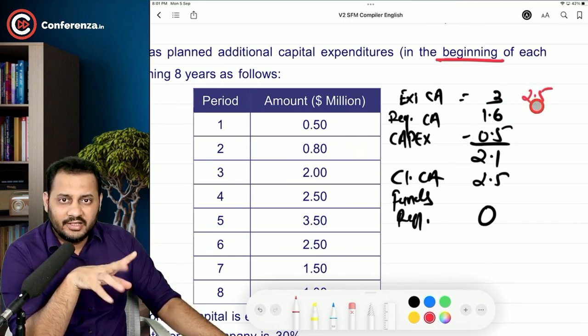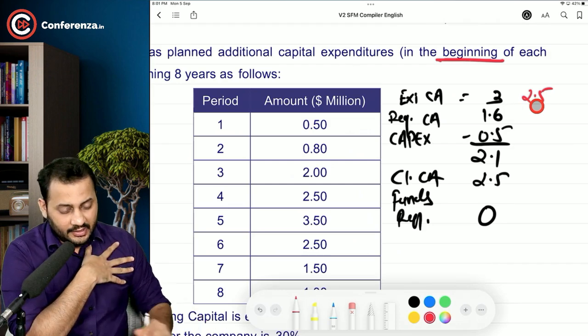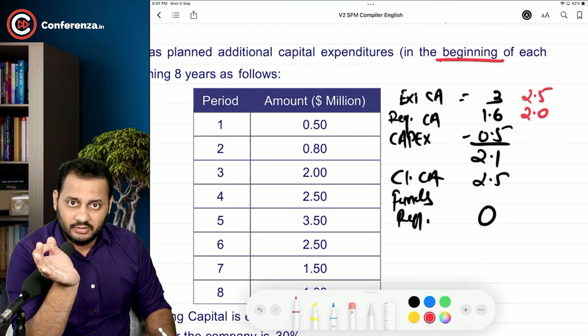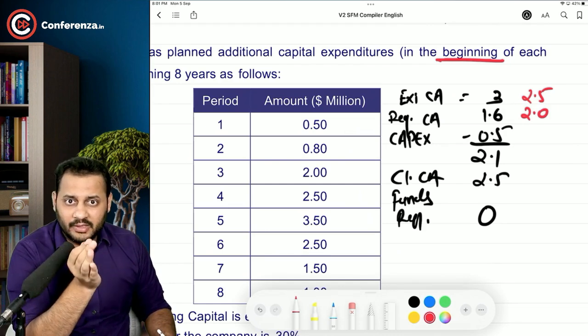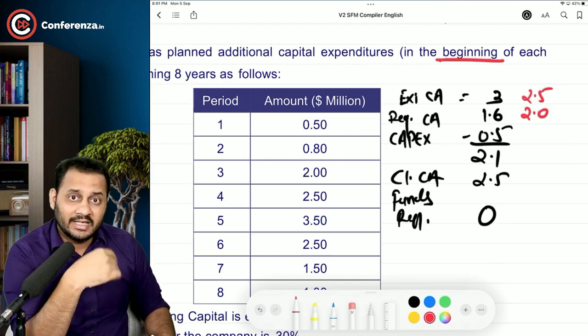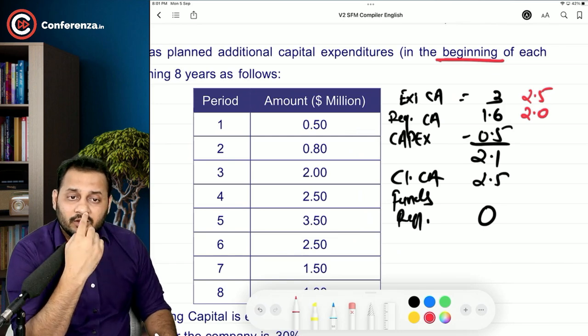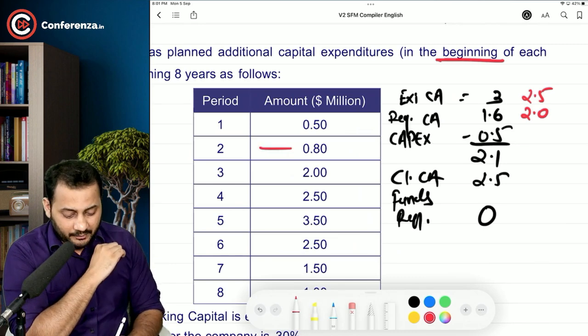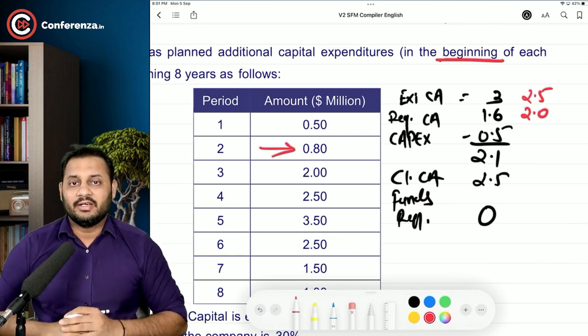Now for the second year, 2.5 is left. And what is the required balance? Only 2. $10 million of the revenue multiplied by 20%. That means again I am having an extra balance of current assets. But the capital expenditure required is 0.80.